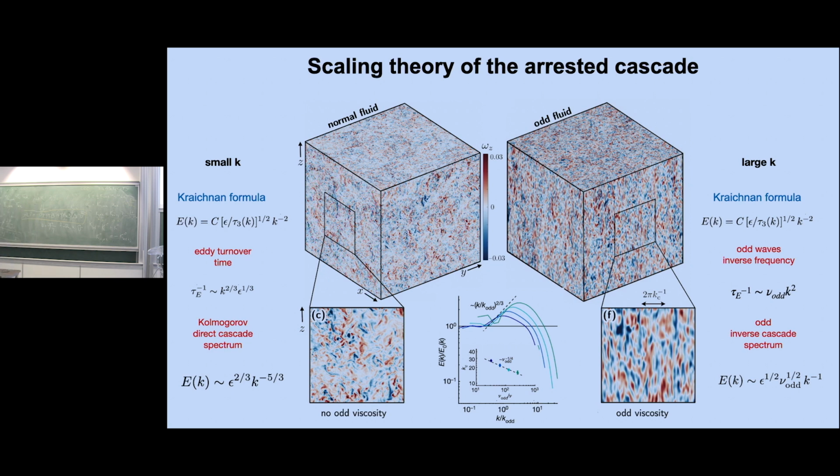But what I like about the scaling analysis is not so much that you get a 1/3 or a 1/4. This is the symptom. The thing that is interesting in my mind is that here you put eddy physics, here you put wave physics, and you have this parameter, this odd viscosity, that allows you to go from one to the other in a smooth algebraic manner. And I find that quite interesting.